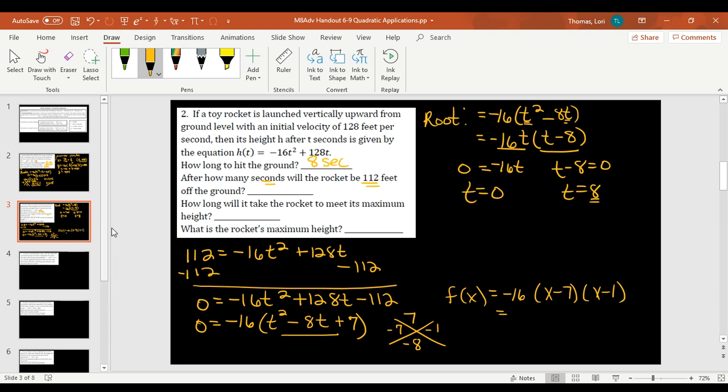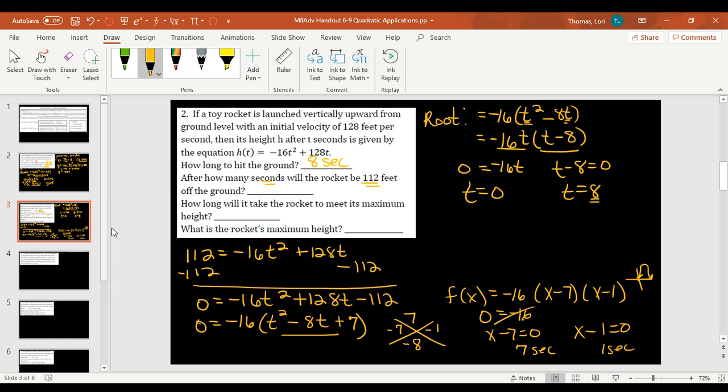So when I set these equal to 0, negative 16 equals 0 is false. Then I have x minus 7 equals 0, and the other factor, x minus 1 equals 0. So I get 7 seconds, and I get 1 second. So remember, with our parabolas, they go up and they come down.